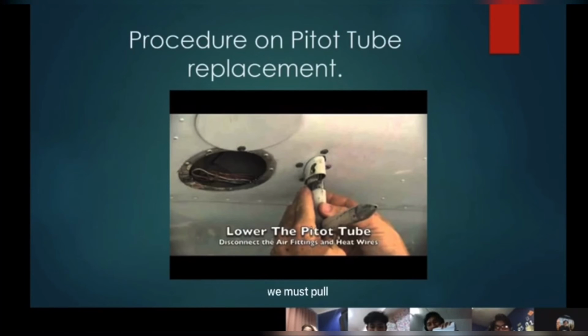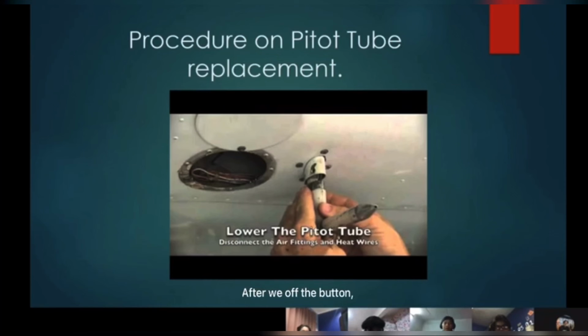Next, we must pull the pitot heat switch. Next, after we pull, we must touch and hold the pitot tube to make sure it's heated. After we know the pitot tube is heated, we must push the pitot heat to the off position.